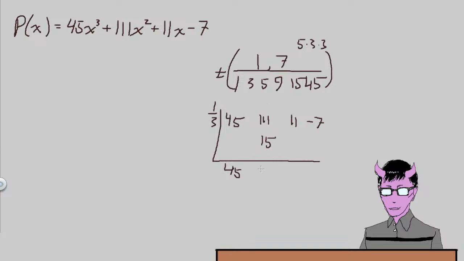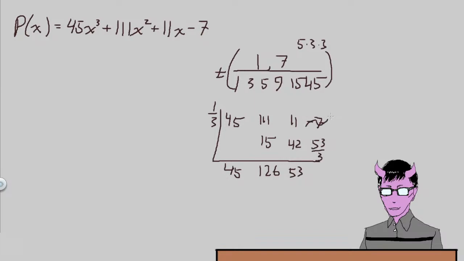So summing up those two, we're going to get 126, which is divisible by 3. So let's multiply that out, divided by that is 42. Yikes. Summing that is 53, which is not divisible by 3. Wonderful.